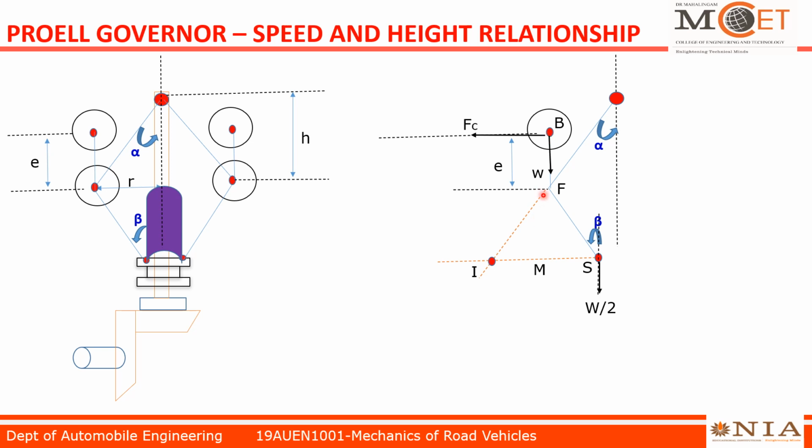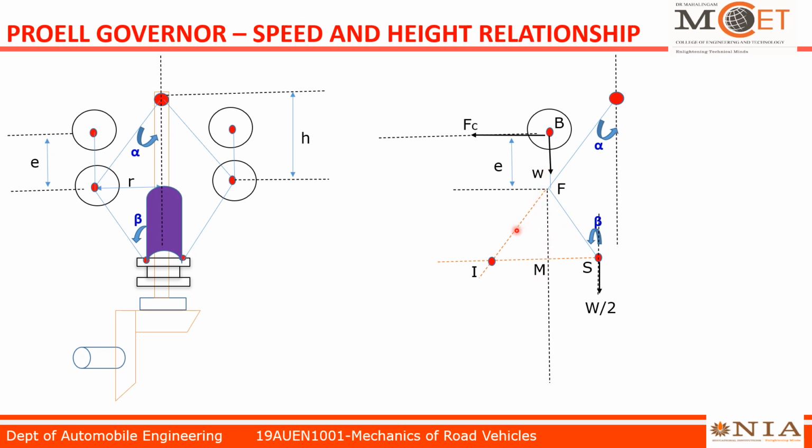If you look at this place, it looks like a triangle. Actually, this extended line makes angle alpha with the horizontal line, so I make a horizontal line here. At this point, I take it as point M. Now it looks like two triangles.